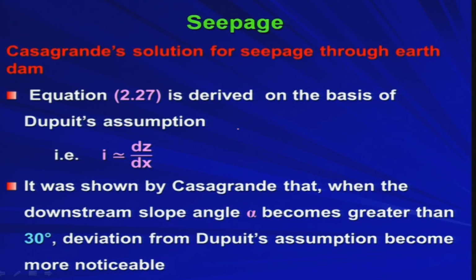But if you go for the steeper slope, then this assumption will not predict things properly. At that time you will get more deviation between the actual and the theoretical solution, right. So, Casagrande proposed that you have to modify this assumption a little bit.